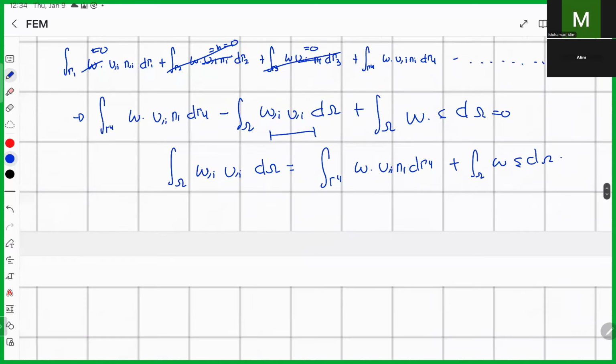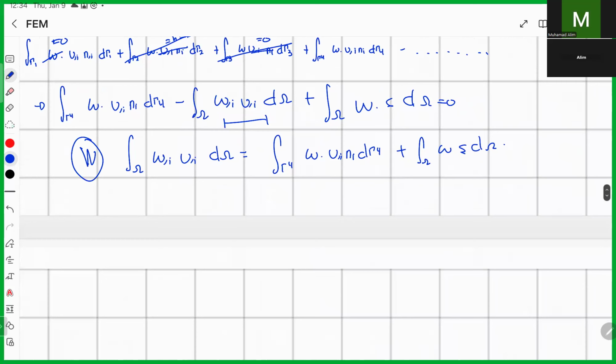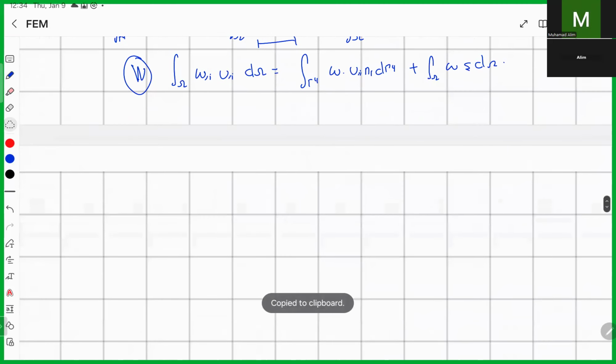Okay, so from now on, we can easily define again our weak form as follows.